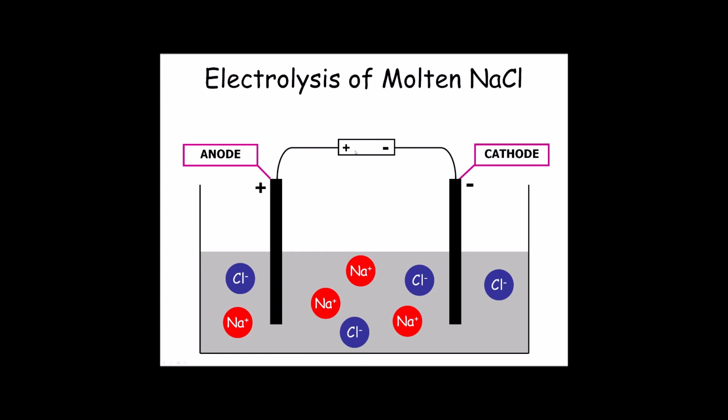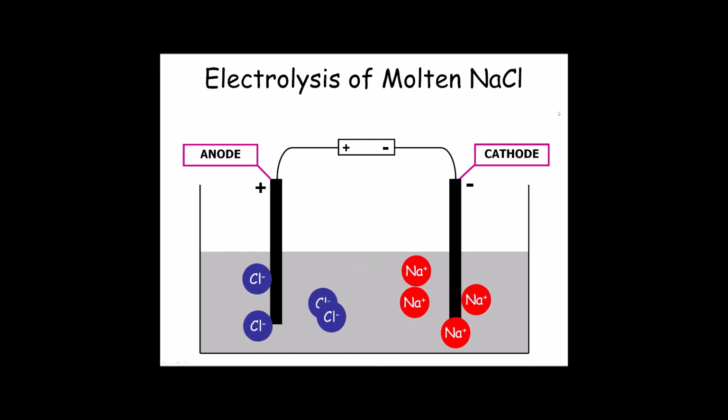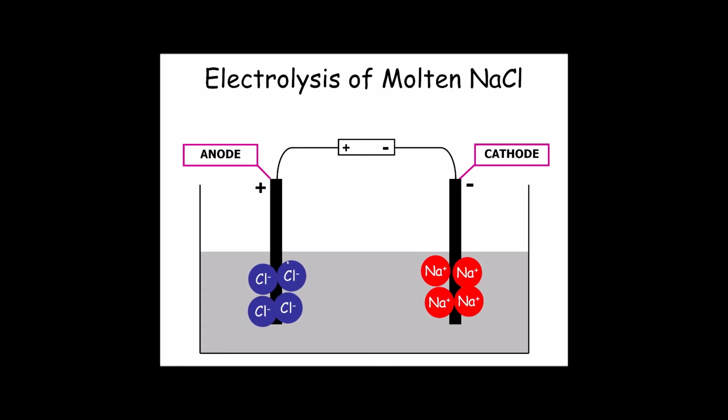Now, when we turn on the power supply, which might be a battery or a power pack, you can see that the negative chlorines move to the positive anode and the positive sodiums move to the negative cathode. Opposites attract.